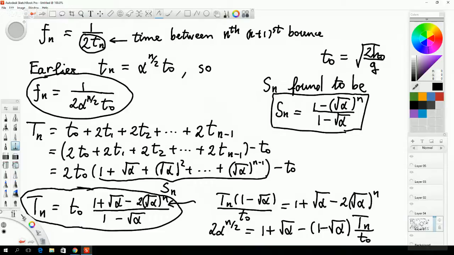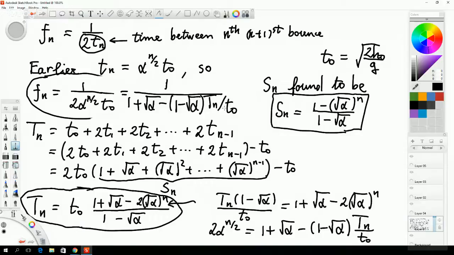Okay, let me just finish this off. So I'm just going to plug this result in here. We wanted the expression for Fn in terms of Tn, so I just calculated what 2 alpha to the n over 2 is in terms of Tn, so I'm just going to plug it in, and I get 1 over 1 plus square root of alpha minus 1 minus square root of alpha Tn over T0.